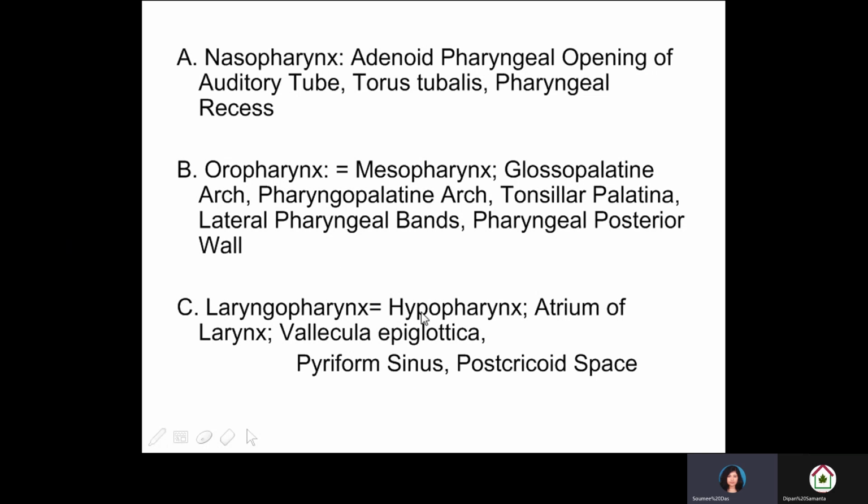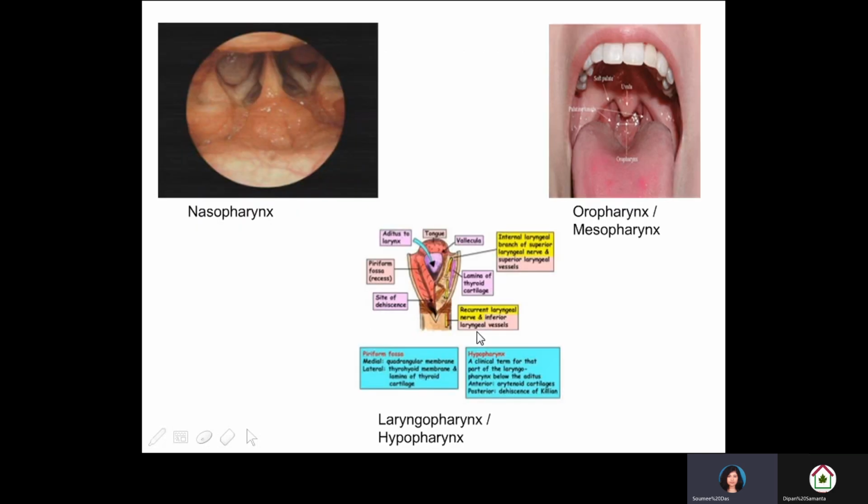Here the atrium of larynx, vallecula epiglottica, pyriform sinus and post-cricoid space can be found. So these are the structures which are related to different parts of the pharynx. That means nasopharynx, oropharynx or mesopharynx, and laryngopharynx or hypopharynx.